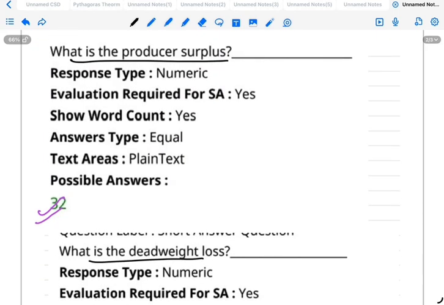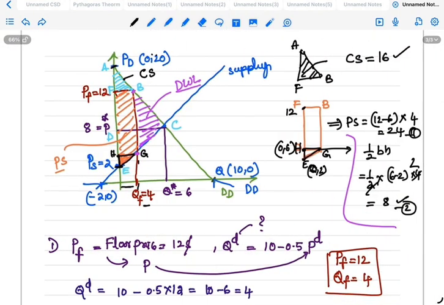All of these are easy to find with the help of the graph. You can draw it like this.